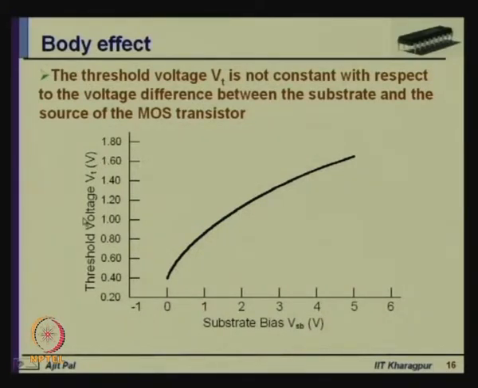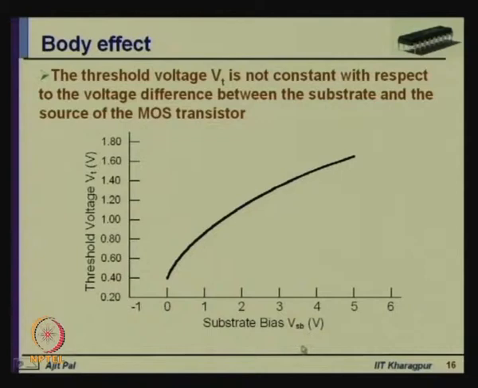And later on we shall use this and see how the threshold voltage can be controlled to reduce what is known as leakage current, because the leakage current is heavily dependent on the threshold voltage. Later on we shall see, instead of this positive bias, we shall usually apply negative body bias, which is called the reverse body bias.